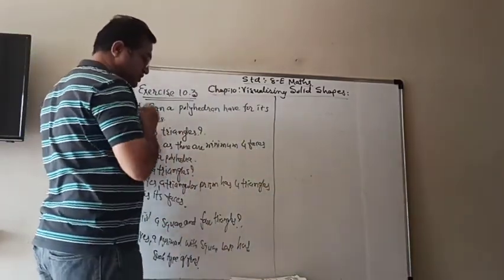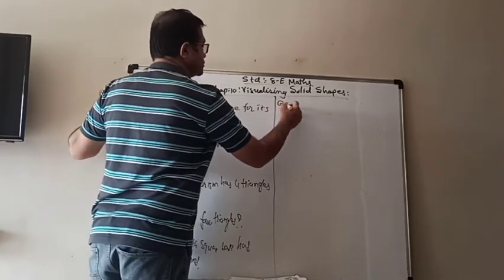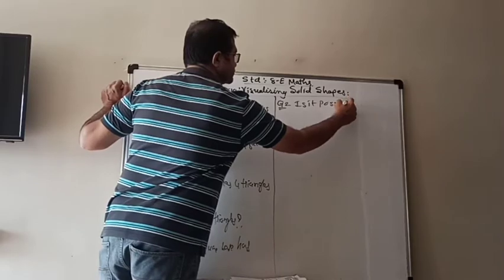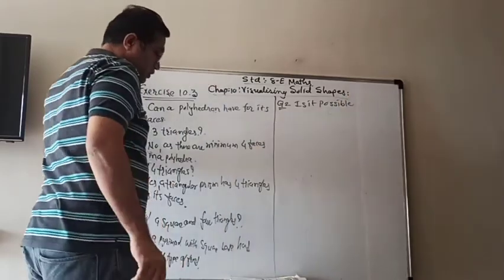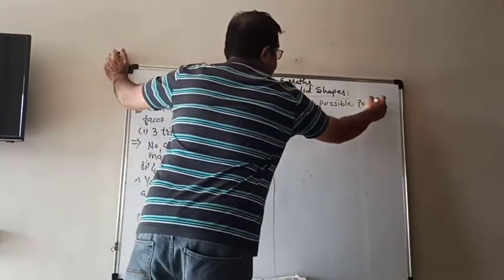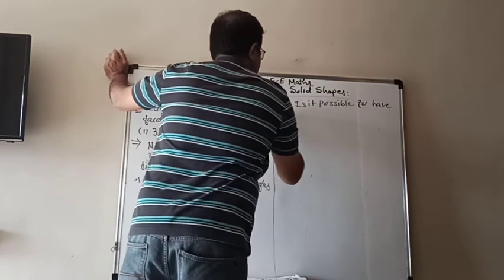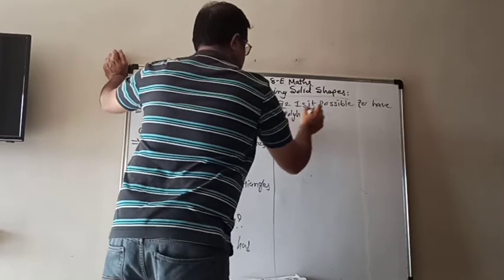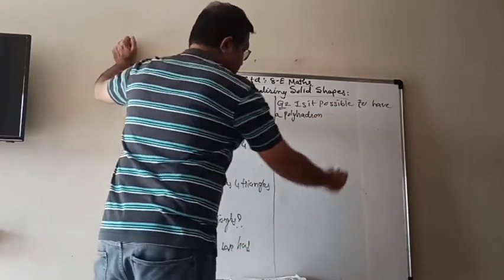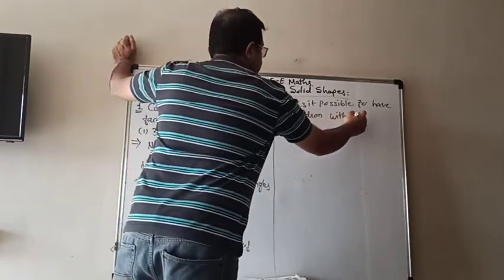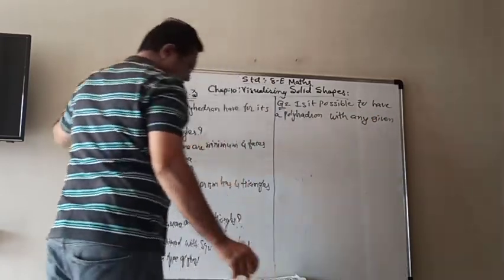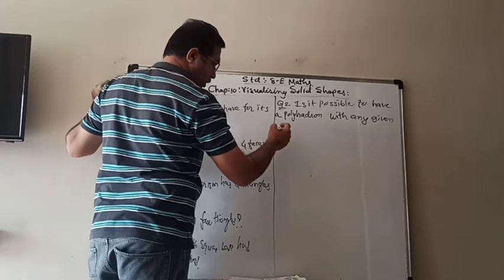Now question number 2. Is it possible to have a polyhedron with any given number of faces?